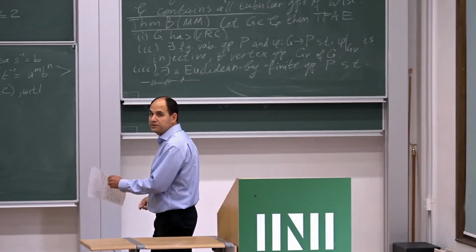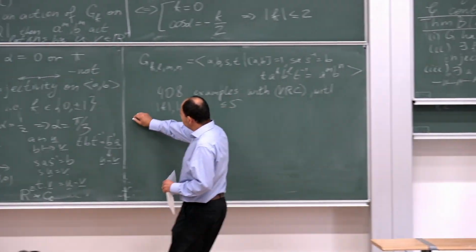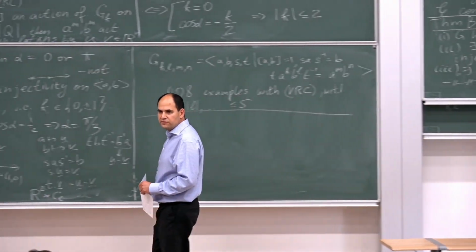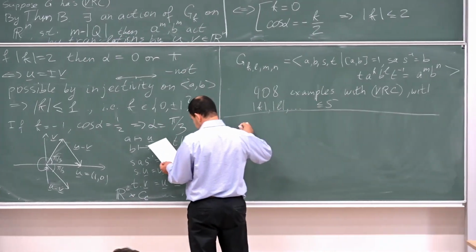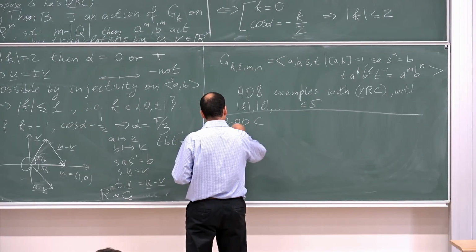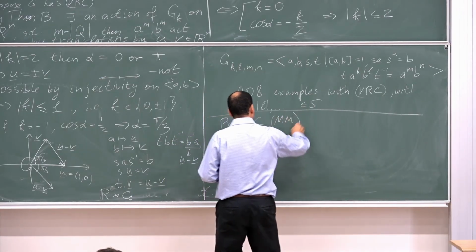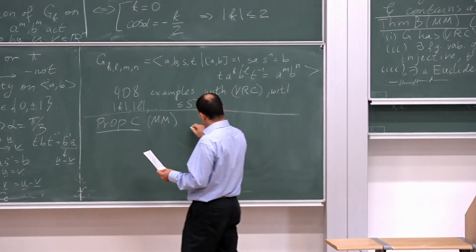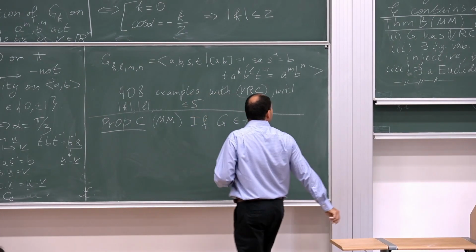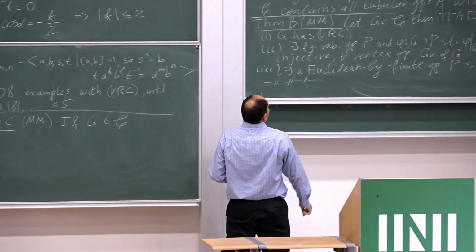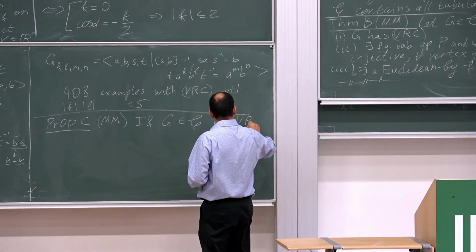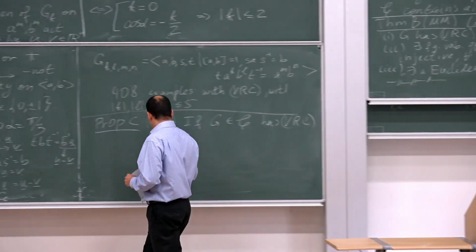Oh yeah, so consequences. What are the consequences of this property? This is a very algebraic property on the nose, VRC, but there are consequences. Proposition C: if G is in this class C, it has VRC, then G is CAT(0).